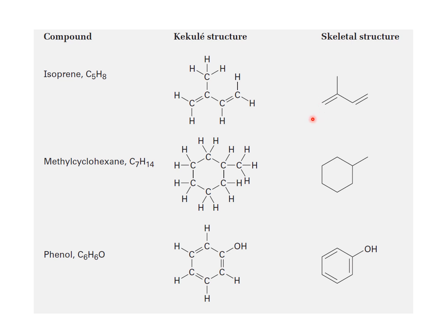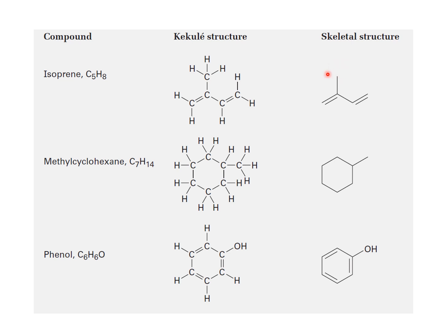But the skeletal structure of this compound will be drawn this way, where it is assumed that each intersection has a carbon atom. So we have 1, 2, 3, 4, and 5. The end of each line is a carbon atom, and then you mentally supply the number of hydrogen atoms to fulfill the valency of carbon.